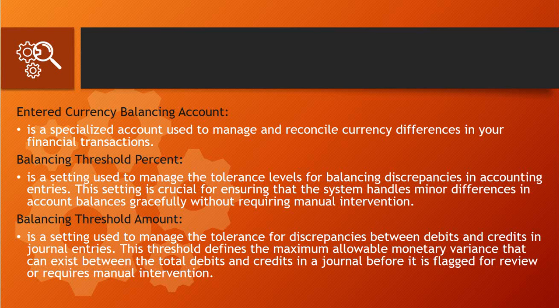Balancing threshold percentage. This is a setting used to manage the tolerance level for balancing discrepancies in accounting entries. This setting is crucial for ensuring that the system handles minor differences in account balances gracefully without requiring manual intervention. If you give the threshold percentage here, then for any difference in the accounting entry, the system will handle it based on the threshold limit.